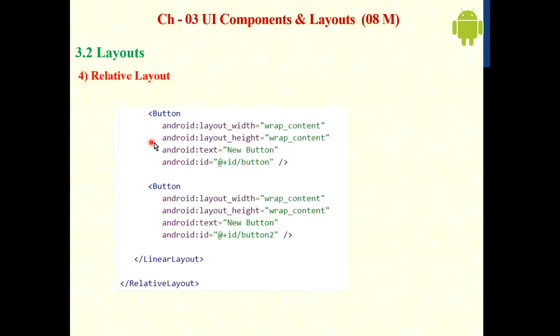Next, inside linear layout we create 2 buttons, button 1 and button 2, and mention the attributes of the buttons. Here linear layout is closed and relative layout is closed. So in Android we can use one layout manager inside another also. Here we use linear layout inside the relative layout.